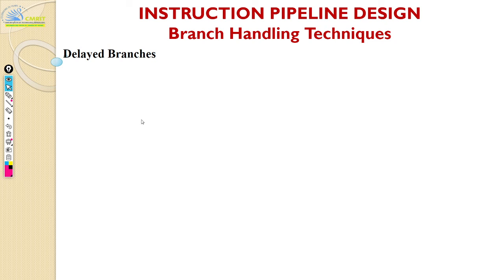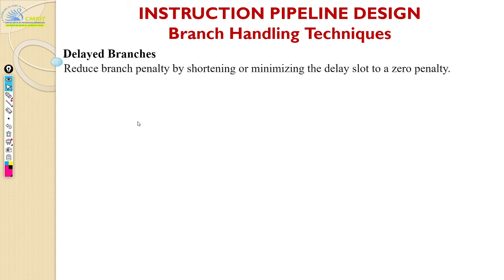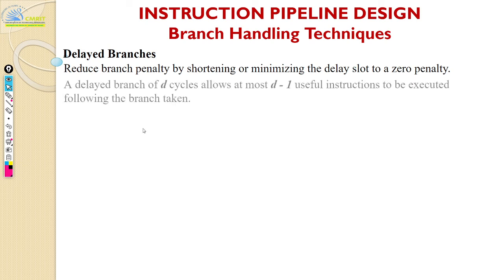So we have delayed branches. What are delayed branches? This is similar to your dynamic scheduling. The idea is you reduce the branch penalty by shortening or minimizing the delay slot. If you remember, the delay slot is the penalty. The delay slot is nothing but how many instructions you are filling up the pipeline with that need to be flushed.